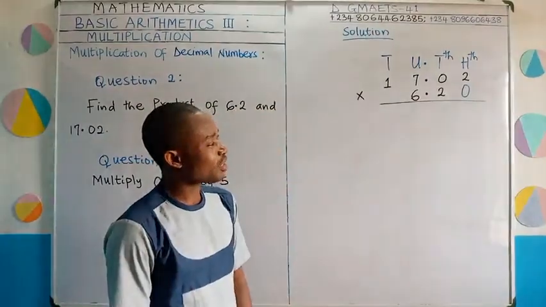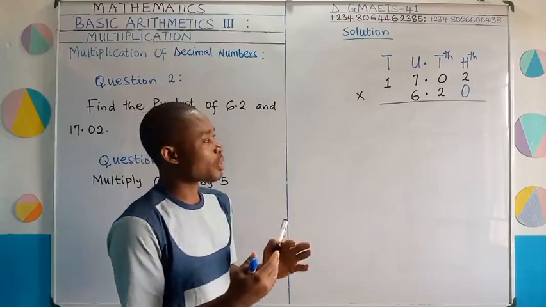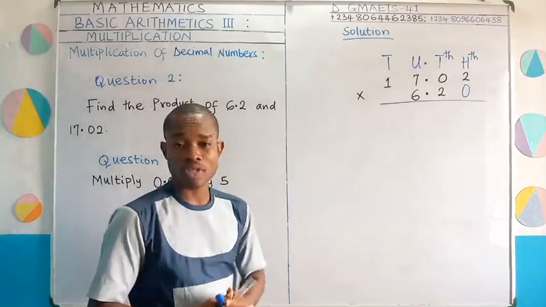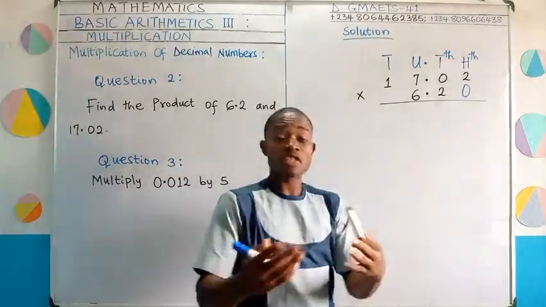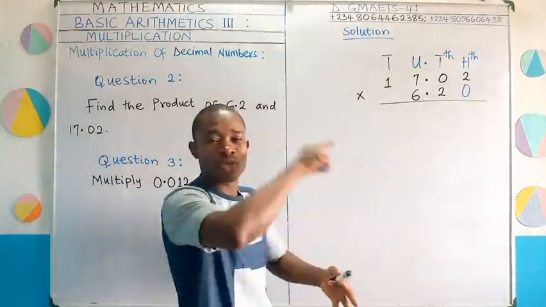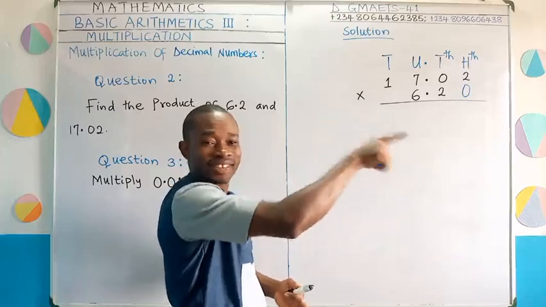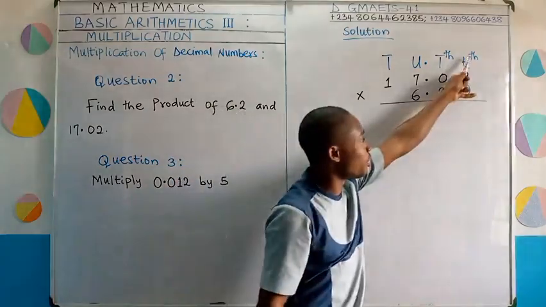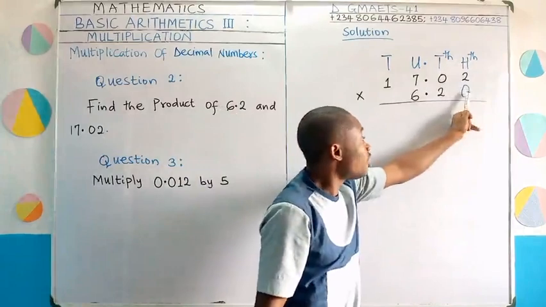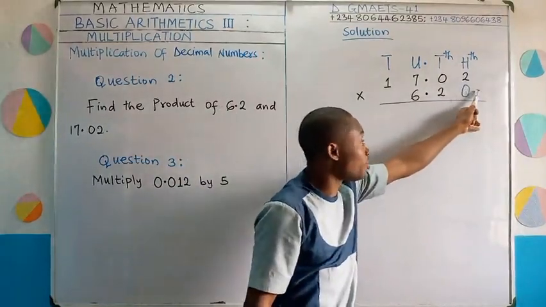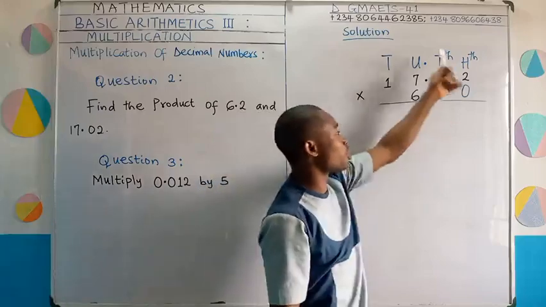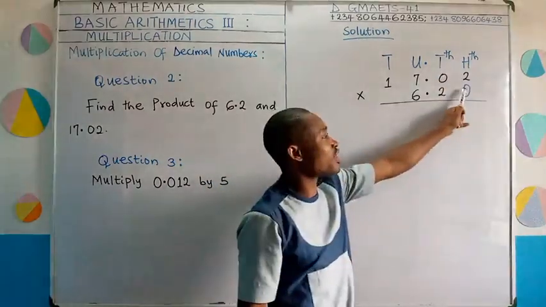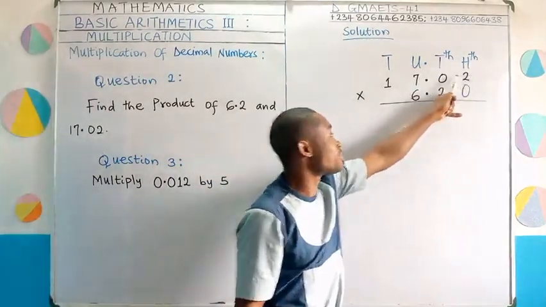Now that I've arranged these numbers under their place values, I'm now ready to multiply. I will start, of course, from the smallest place value on your right hand side, the far right, and that is going to be the hundredth place value. Under it, the digit you have is 0. I'm using this number under to multiply the ones on top. I have 0, so I'm going to use 0 to multiply the digits on top.